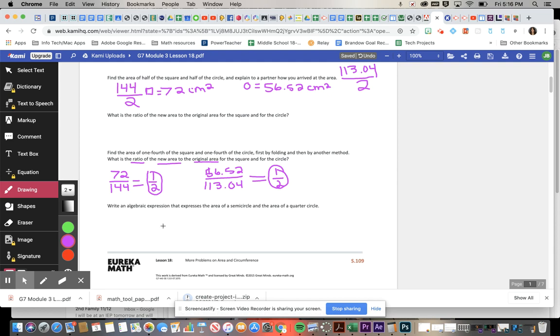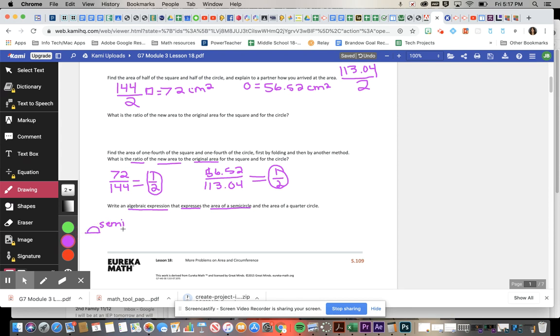Write an algebraic expression that expresses the area of the semicircle and the area of a quarter circle. Okay, so algebraic expression just means using letters and numbers, and an expression would be like our formula. We want the area of a semicircle, so I'm going to write semi, which just means half a circle.